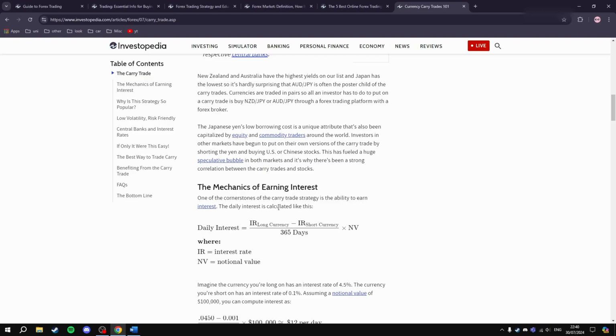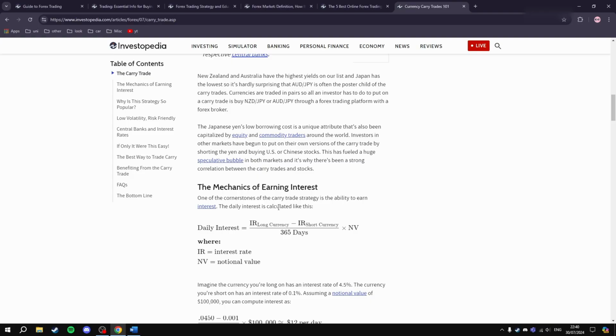The JPY's low borrowing cost is a unique attribute that's also been capitalized on by equity and commodity traders around the world. Investors in other markets have begun to put on their own versions of the carry trade by shorting the yen and buying US or Chinese stocks.